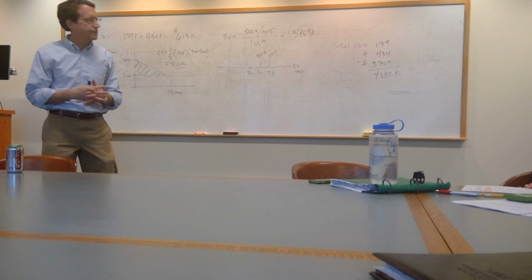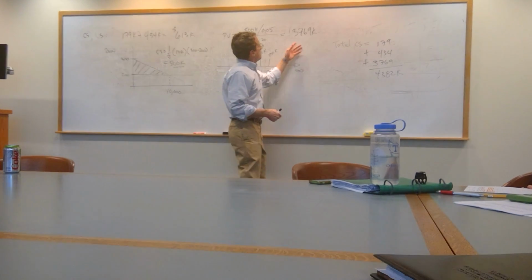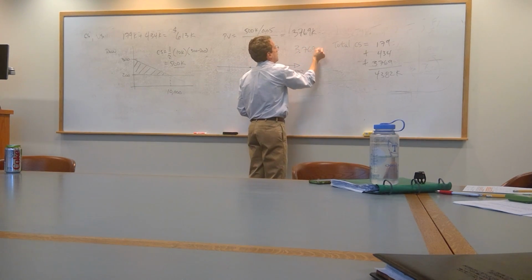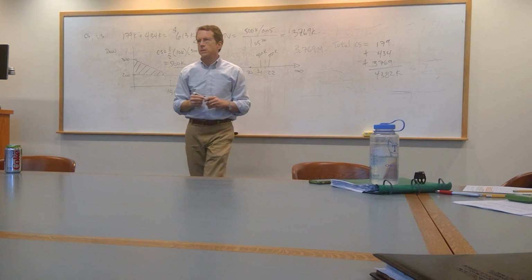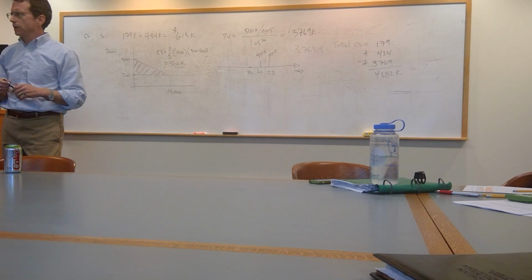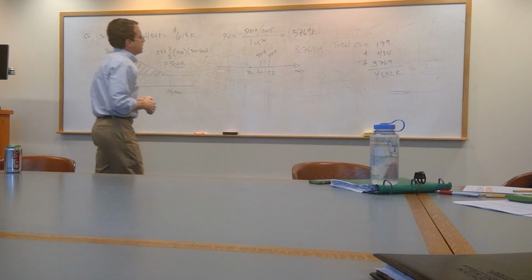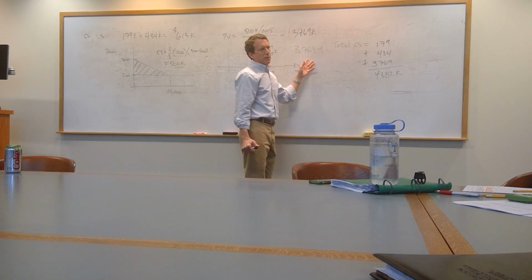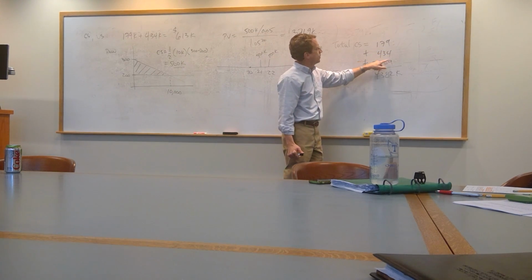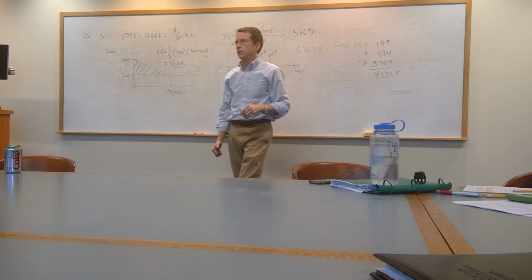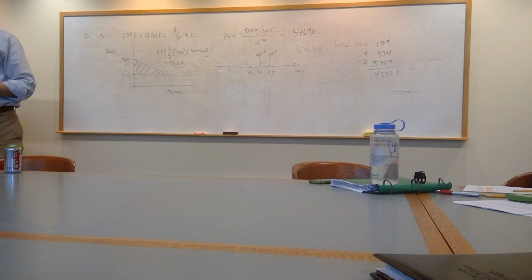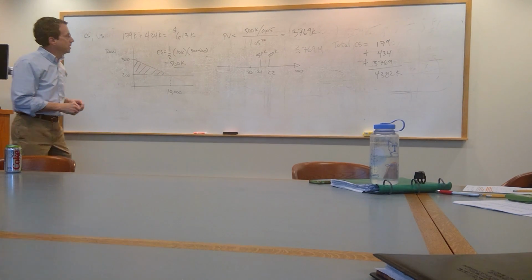I could have written this as 3.769 million, and if you're using a calculator and scientific notation, it will do that for you. But you run the risk, if you're not really paying attention to where the decimal point is, that when you put it into here, you're putting it as 3 rather than 3,000. So just as a tactical matter, it's better to stick to one set of units when you can.